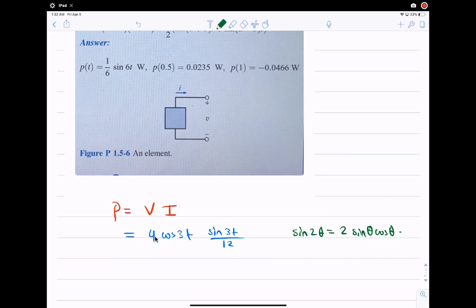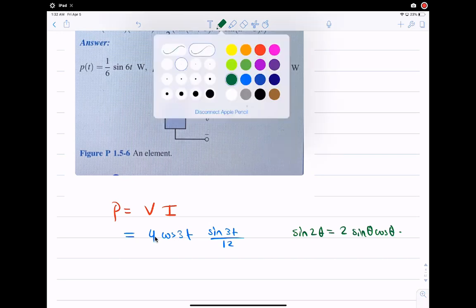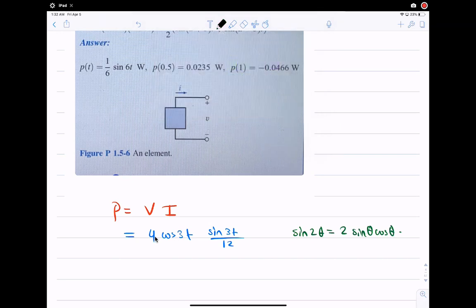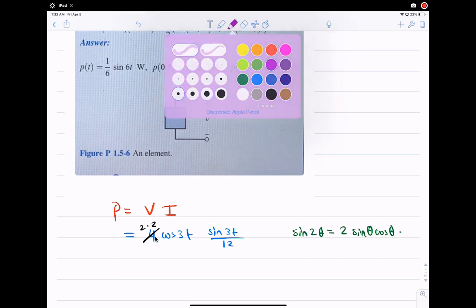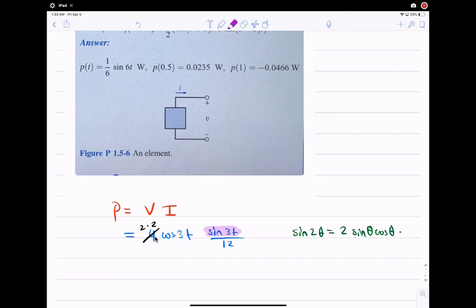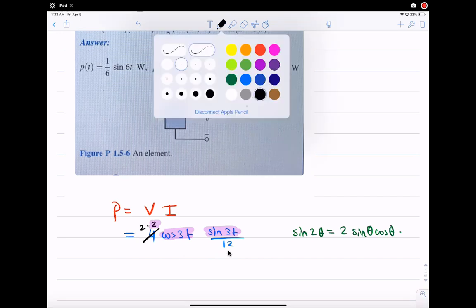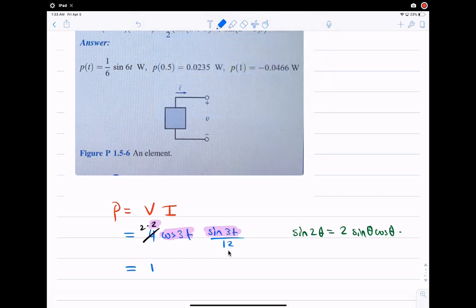Let's break this 4 into 2 times 2. So I'm gonna replace the 4 with 2 times 2, and I'm gonna mark whatever I'm gonna use, this times the 2. So I'm left with 2 over 12, right? 2 over 12 is 1 over 6. You can use your calculator for that, or just divide over 2, so it's 1 over 6.